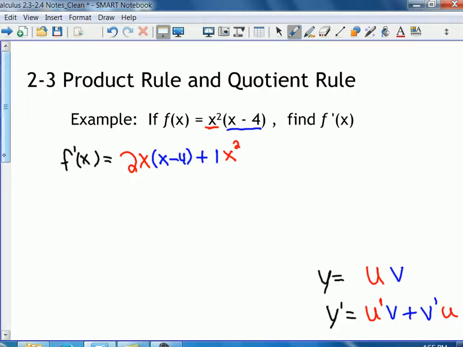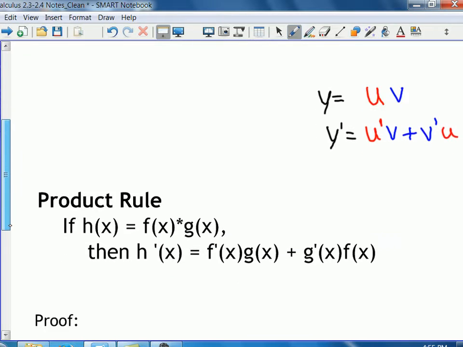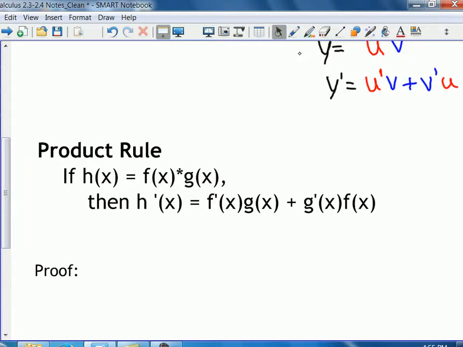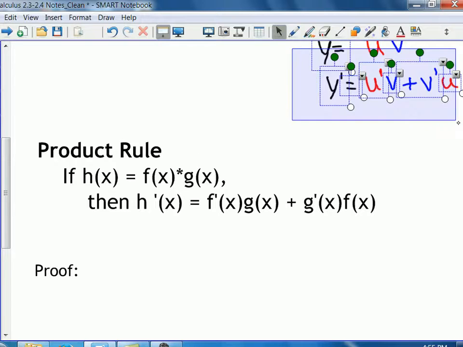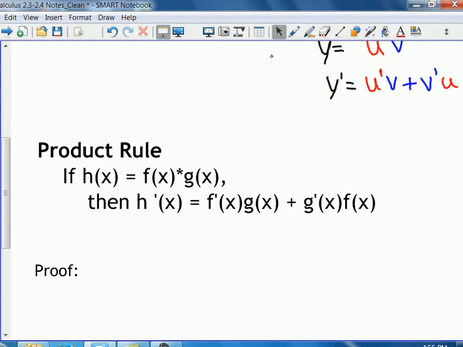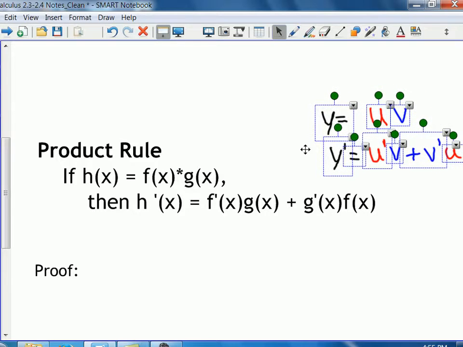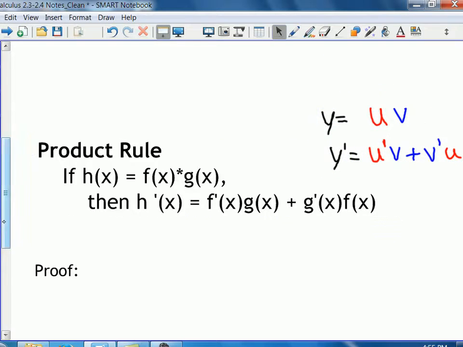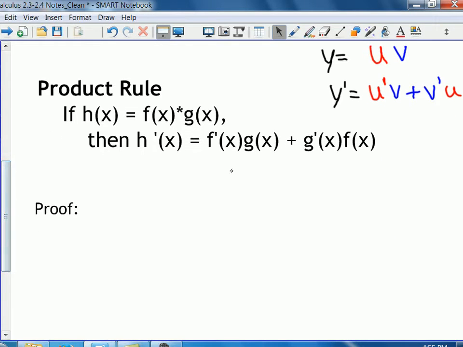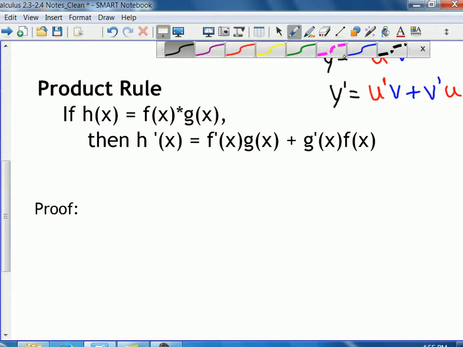Alright, we're going to need to do a few examples, obviously. So let's keep this in sight and then try to figure out this next example. Here's the actual spelled out version. So this is with function notation.